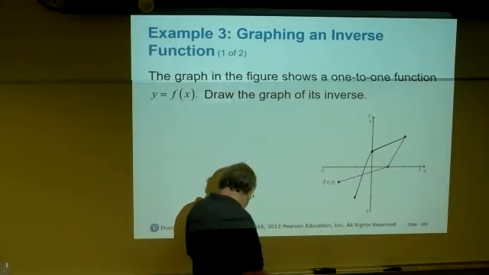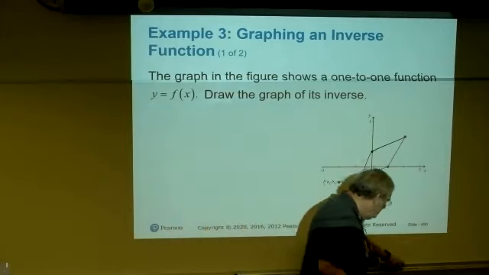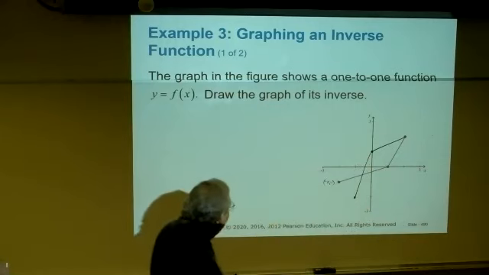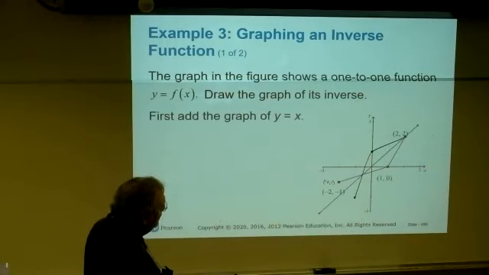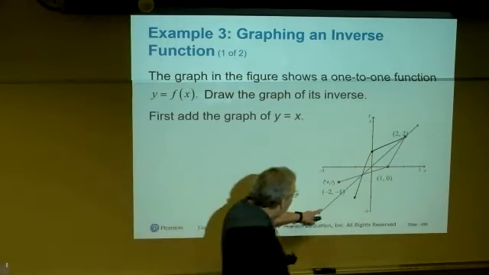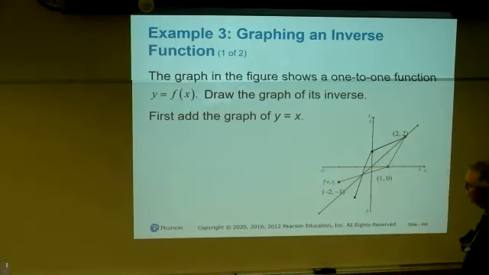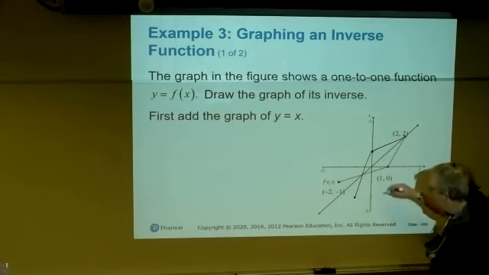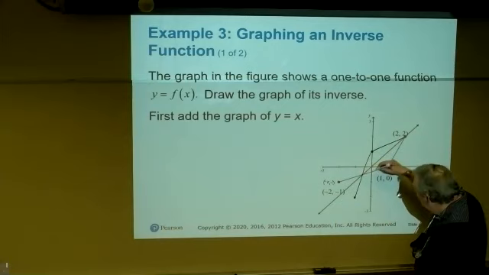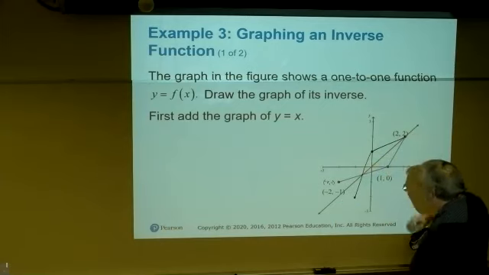And if you notice, what they start out with is saying graph y equals x. So here's y equals x. And notice where the two graphs intersect. They intersect on y equals x.